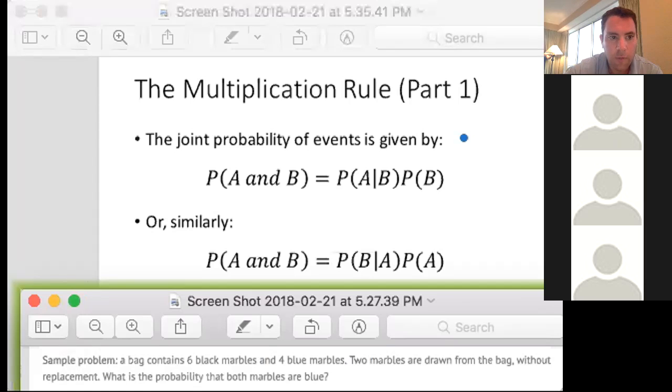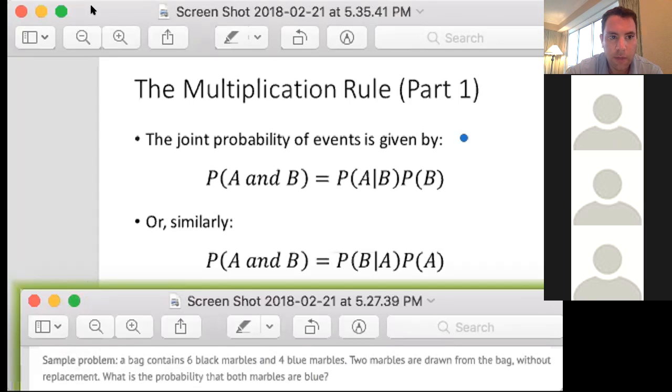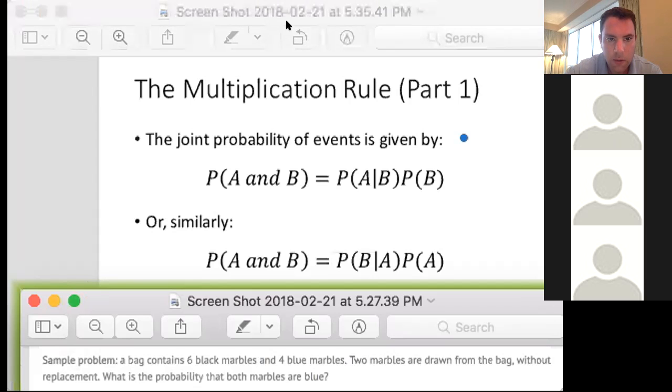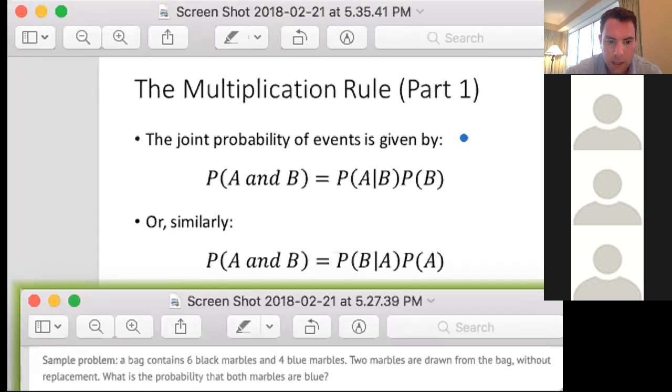So let's just start off by stating what the probability of A and B is in this example. What are we going to label probability of A? What are we going to say probability of B is?